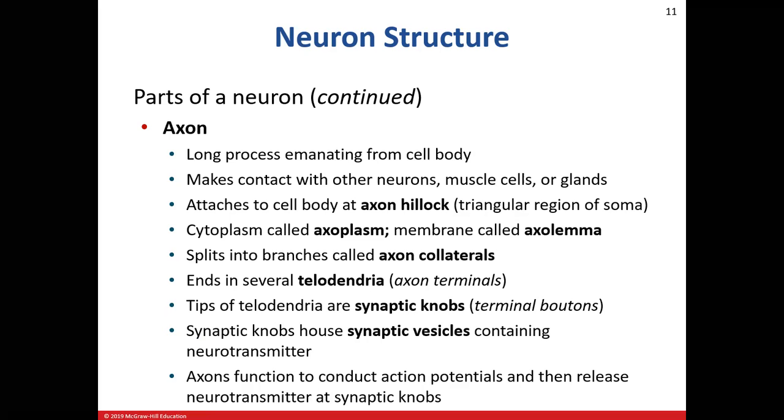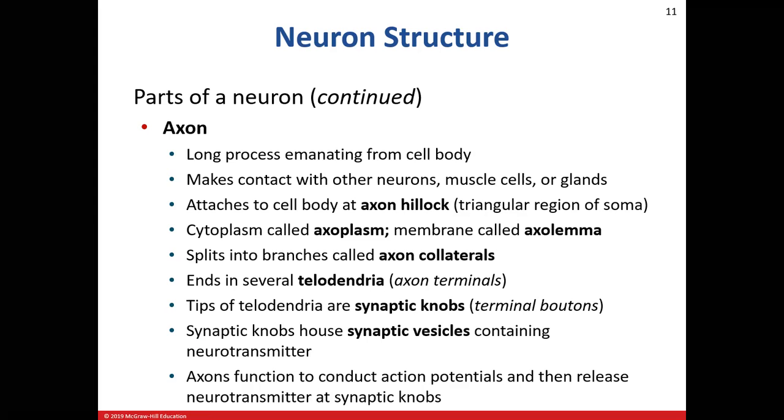So we have the cytoplasm known as the axoplasm, and the plasma membrane of the axon is going to be called the axolemma. As we go down the axon, we're going to have little branches coming off of it, and these are called axon collaterals. As we get to the very end of the axon, we get to the axon terminal, and it can cause the creation of several axon terminals, and these are called telodendria.